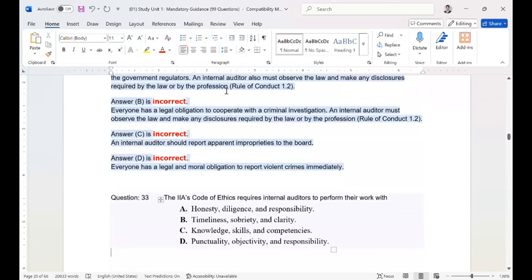Question number 33. By now, you should have the answer. Knowledge, skills, and competency.